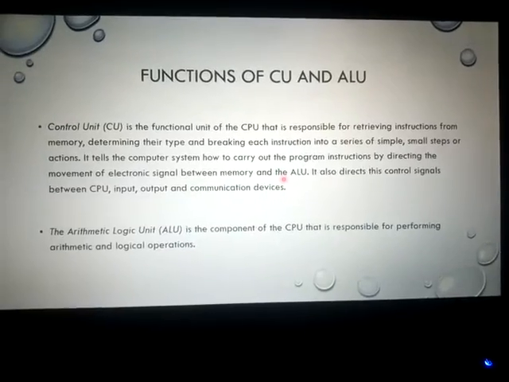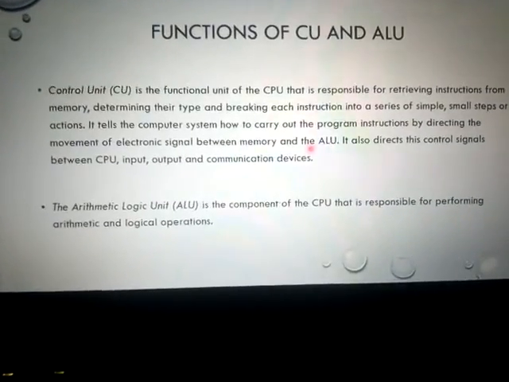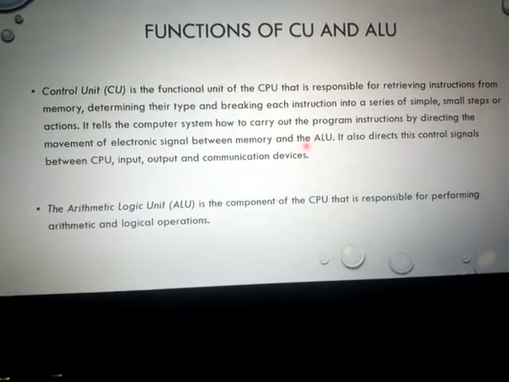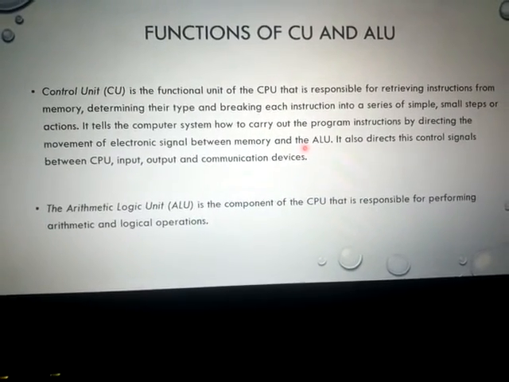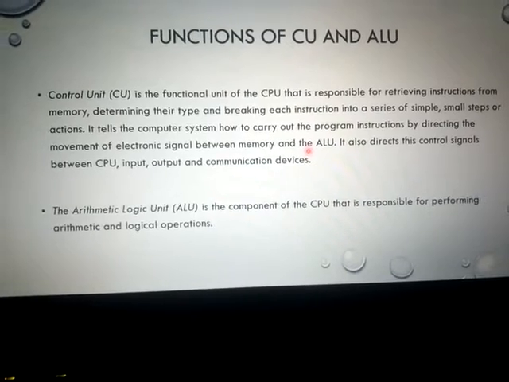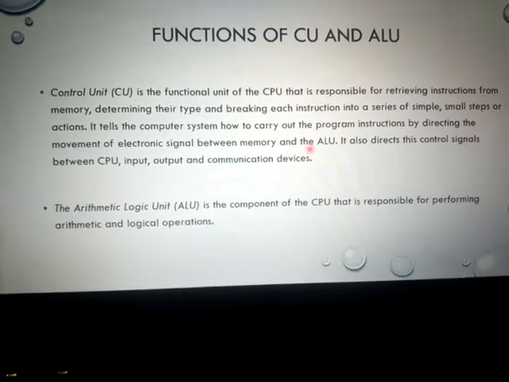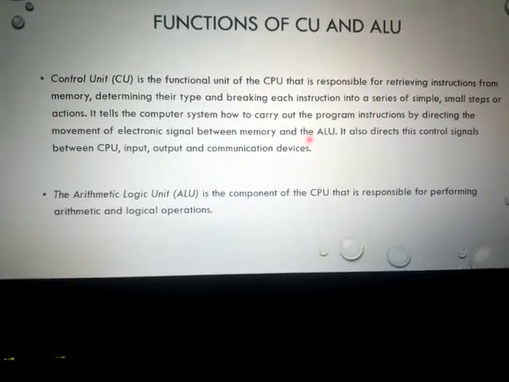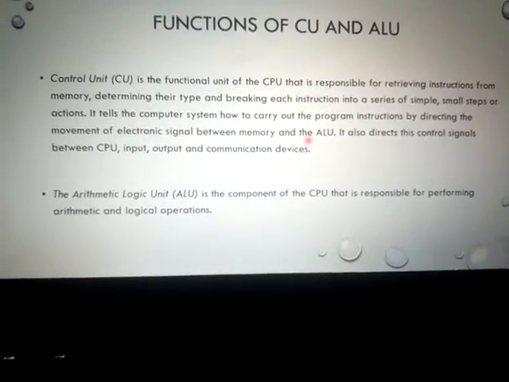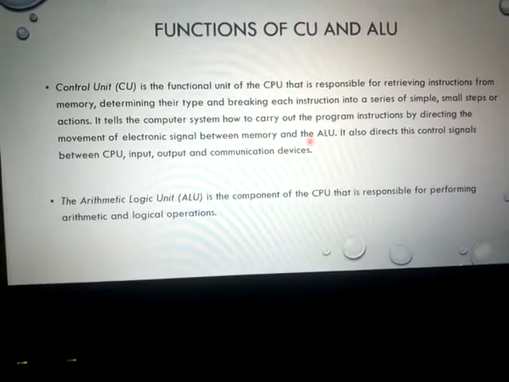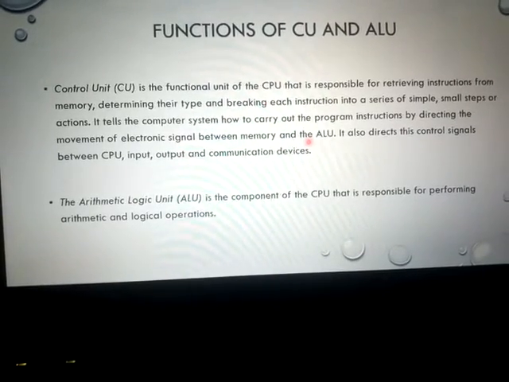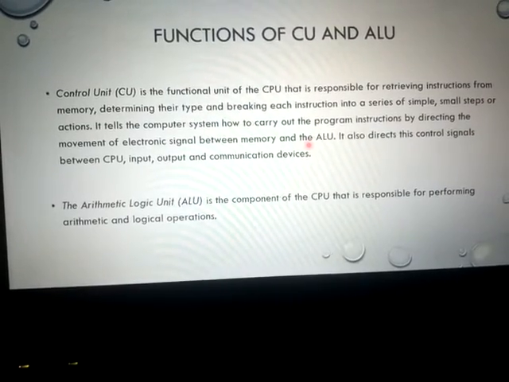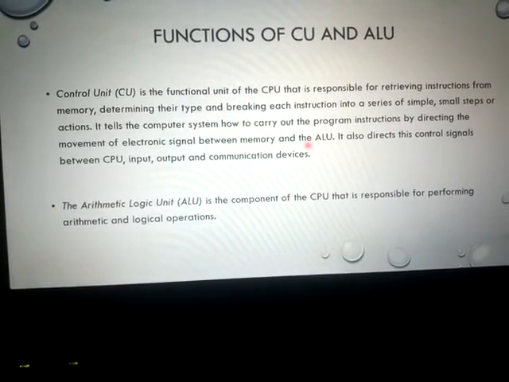Then we have the arithmetic logic unit. It is the component of the computer that is responsible for performing arithmetic and logic operations. As we know, the computer doesn't know anything except 0 and 1.